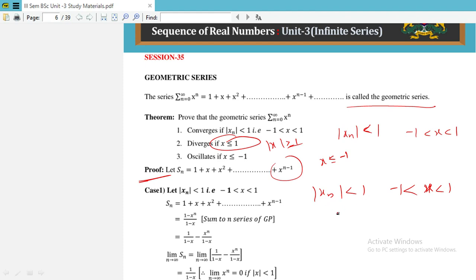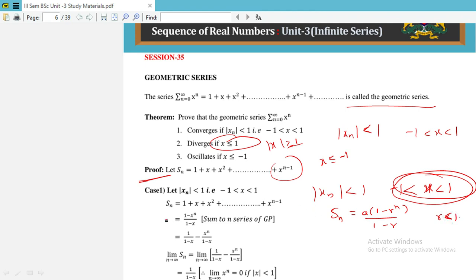We know that the sum of a geometric series Sn is equal to a into 1 minus r raised to n divided by 1 minus r, when r is less than 1. Here we are considering r less than 1.